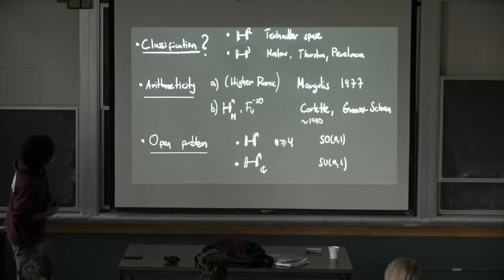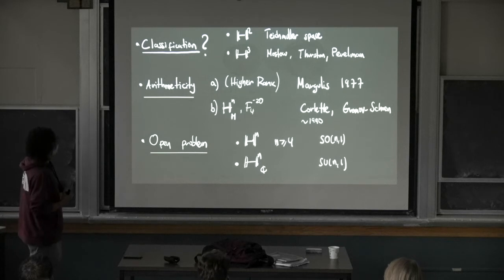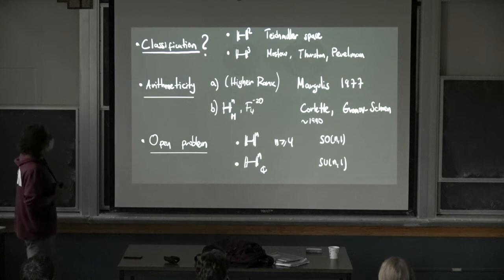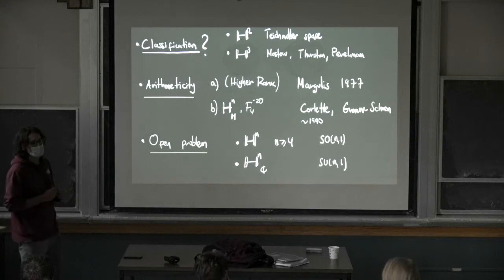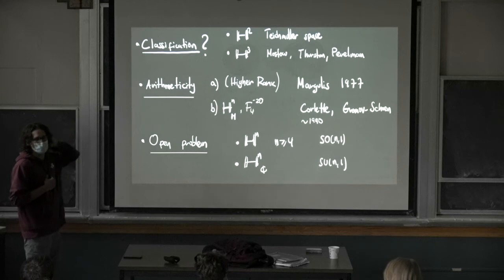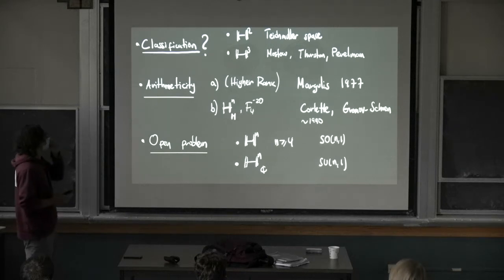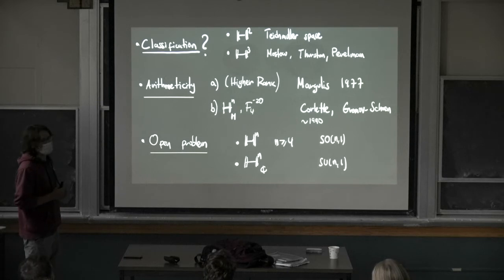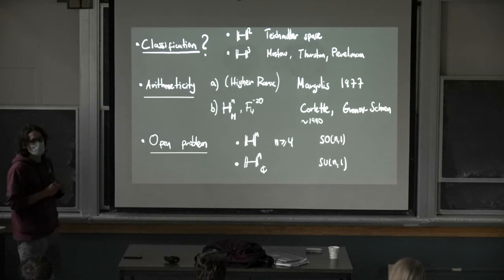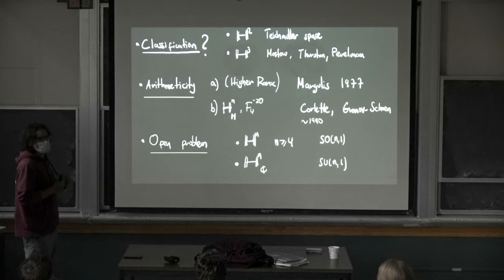So one possible answer for a classification would be to try to show that all these lattices come from arithmetic construction, this type of construction that I was showing before. So in 1977, Margulis showed that all lattices in groups, for example SL_n(R) with n greater or equal than 3, are arithmetic.